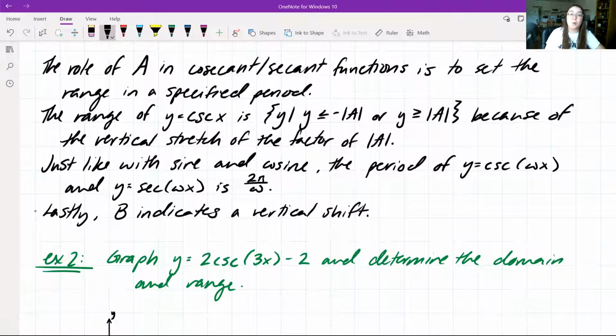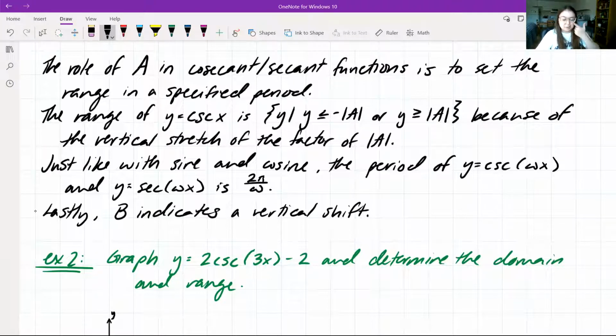It does say or, and that's because in different periods our parabolas will alternate in whether they face upwards or downwards, but we have to consider both values. So when we write out our range, we have to include both of those inequalities, and we have to write or. It's not that we write one or the other, we always have to write both.